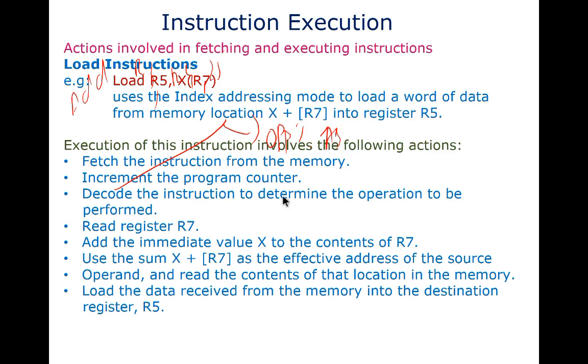The add operation, using the source registers. Here the source registers are R4 and R5, and R3 is the destination register. So decoding converts the binary instruction into the control requirements needed for execution.